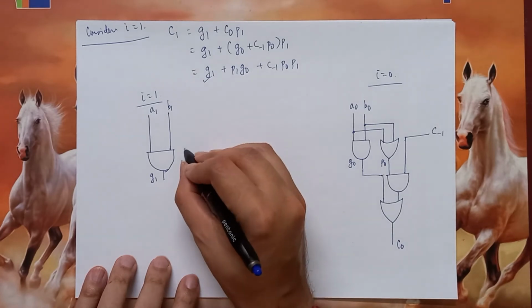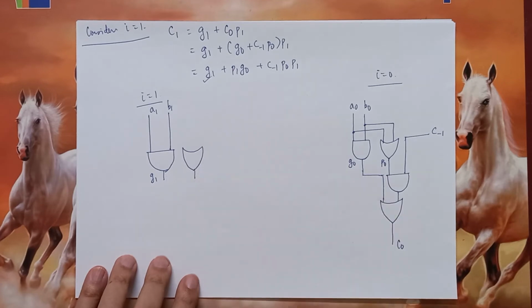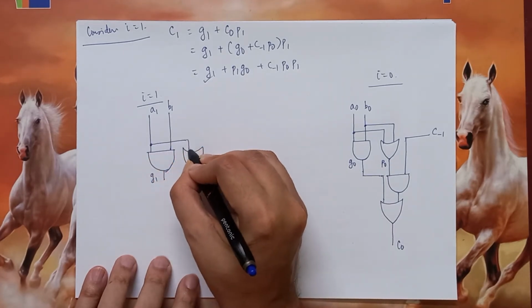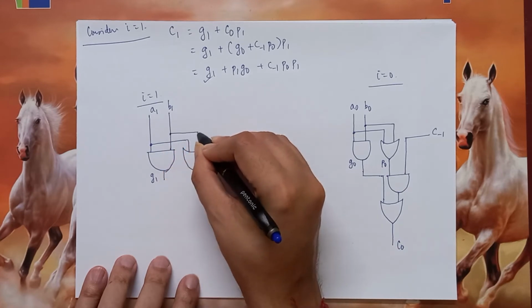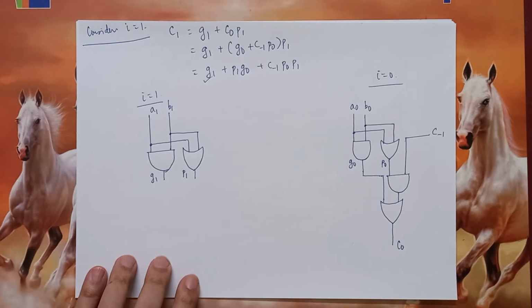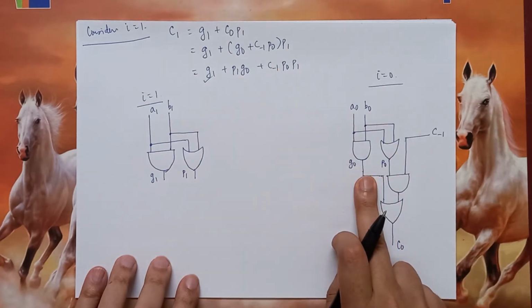We will need one more OR gate to generate P1. Now we need P1 G0, but we already have G0 from here.